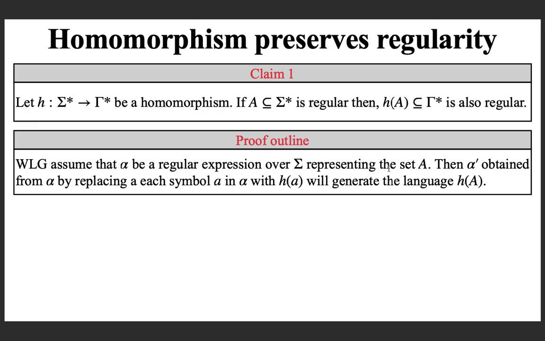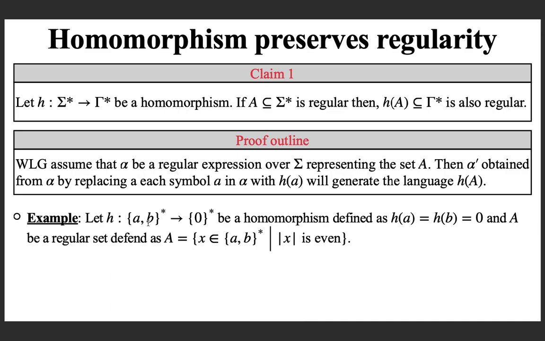Let alpha be that regular expression. Then alpha prime, which is obtained from alpha by replacing each symbol a in alpha with the homomorphic image of a, will generate the homomorphic image of the language. Please don't get confused. An example will make it clear.